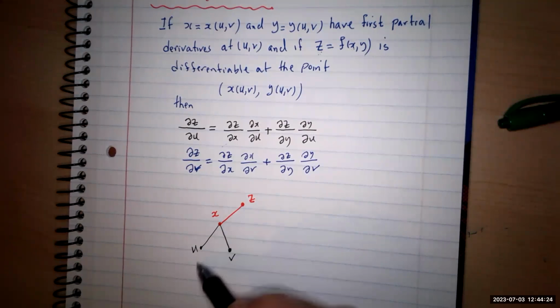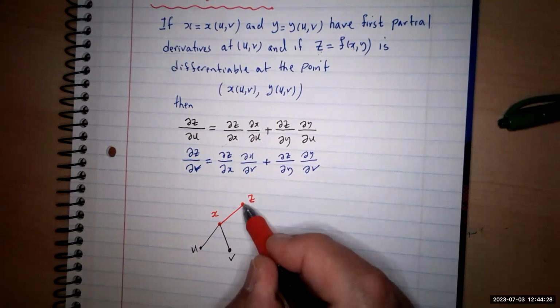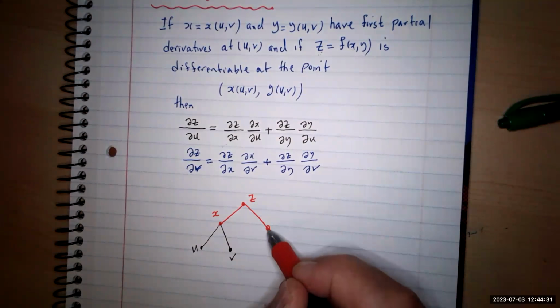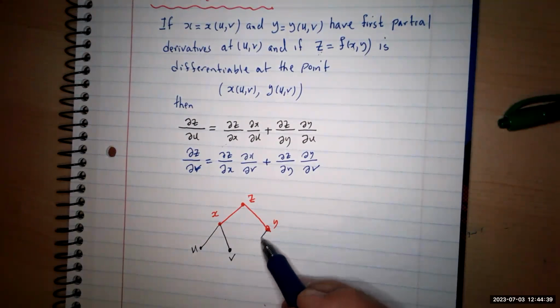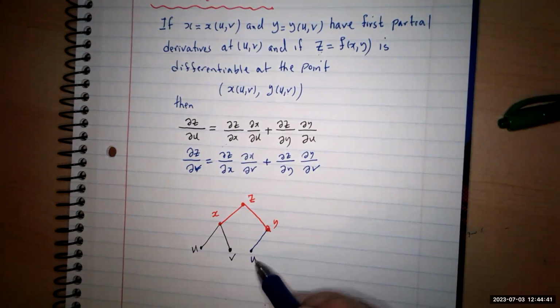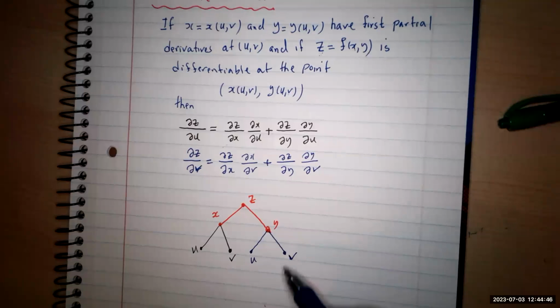So we go right here. Then z is also a function of, sorry, a function of y. So this is going to be your y, and y is also a function of u and v. So this is going to be u, and this is going to be v.